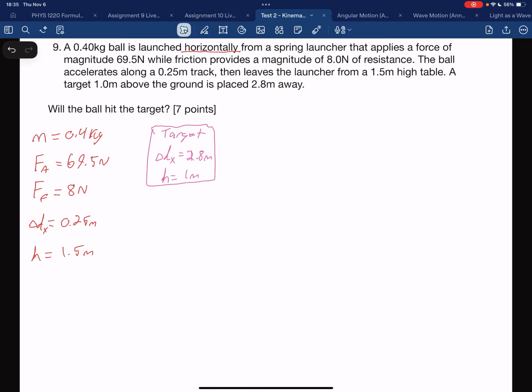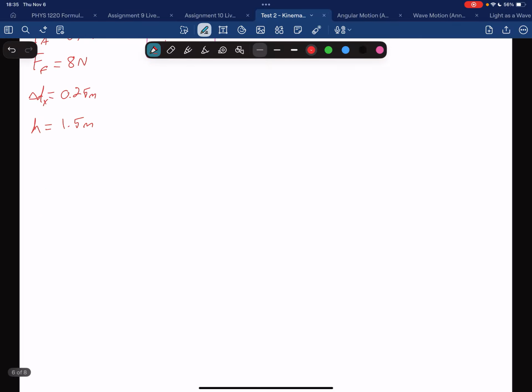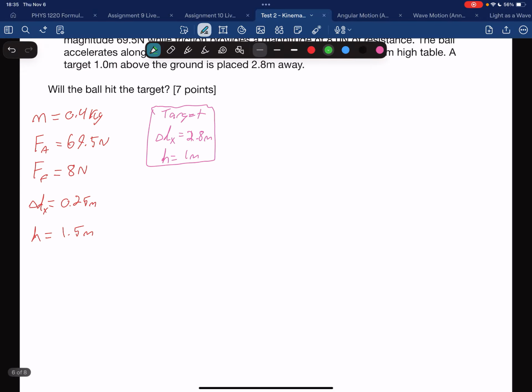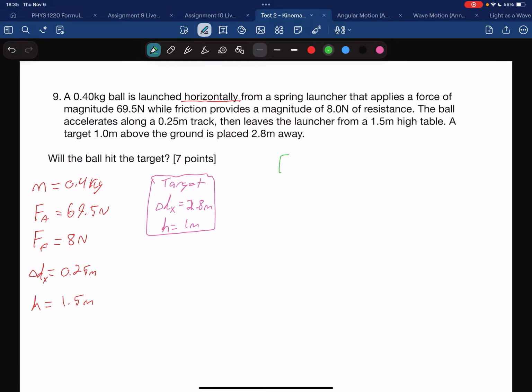So first, let's find the net force on this ball, and that'll be in the x direction because it's not moving in the y direction yet. So net force, I'm going to take my applied force, subtract friction from it. That gives me 61.5 newtons as my net force.